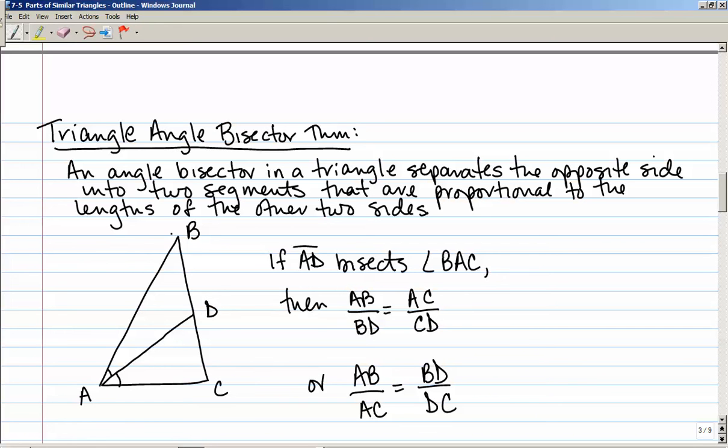So side over segment equals a side over a segment. Or you could also say the side AB over a side AC is equal to segment over segment. So if I'm going to do the top side and the bottom side, then I need to do the upper segment and the lower segment.